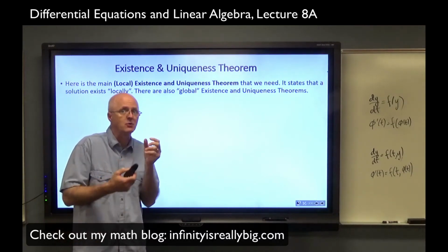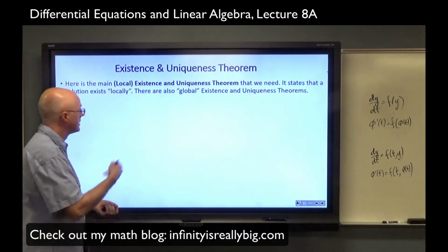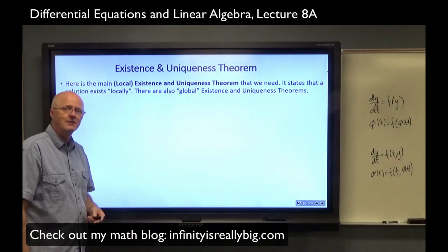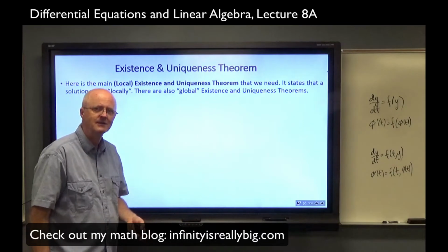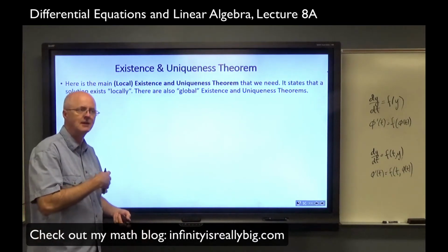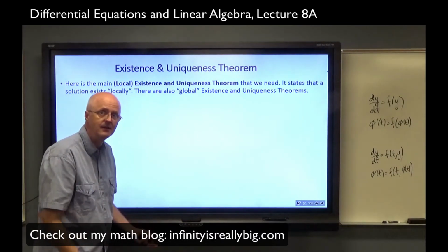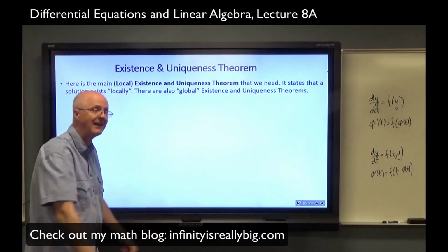That's why it's local, nearby. There are global versions, though the hypotheses are more restrictive. You need to assume more things to guarantee solutions exist and are unique for all t. For all t means global over the entire real number line.